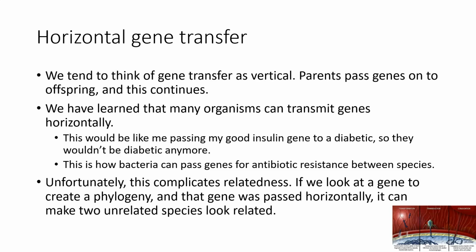The taxonomy of bacteria has been in flux for the last 30 years, and it really hasn't settled into a specific place yet. And so I'm not going to make you memorize a bunch of phylogeny when it comes to bacteria because it's ever changing, because our understanding of who's related to who changes based on the new evidence that we have. And unfortunately, horizontal gene transfer just makes that more complicated.